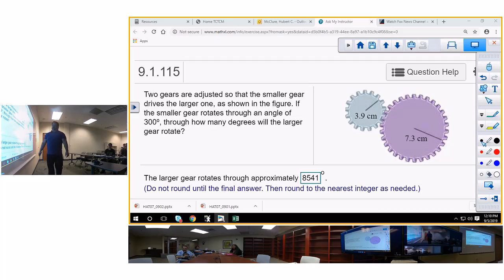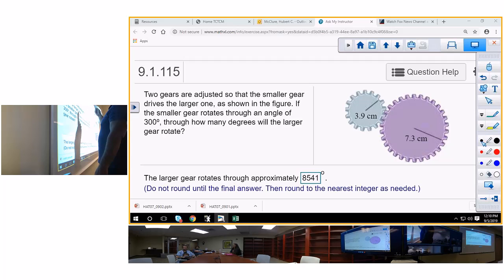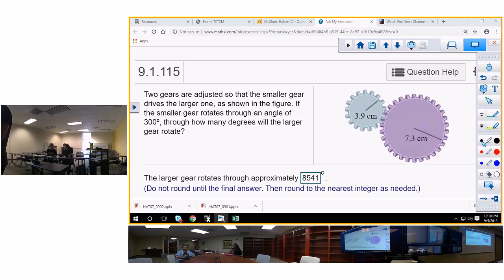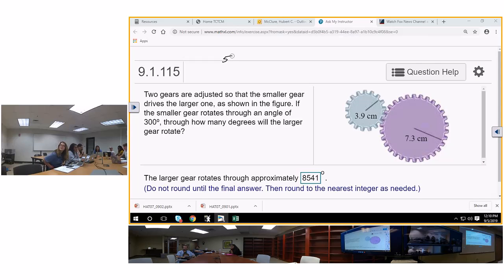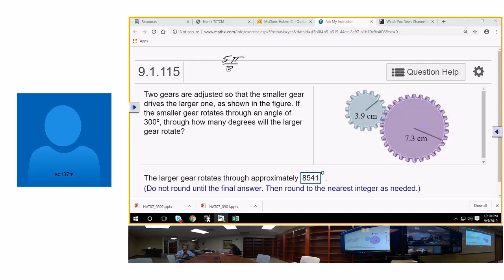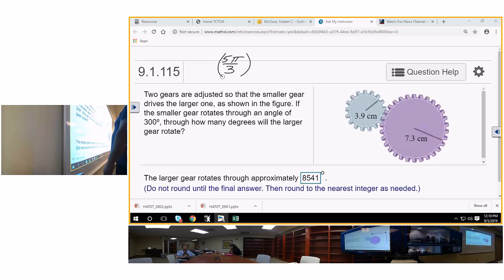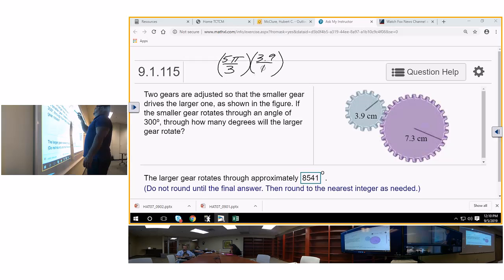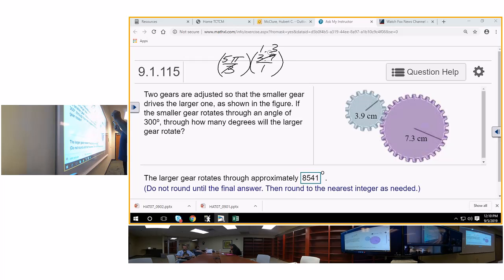Okay, so here we go. 300 degrees. What is 300 degrees? What's the pi? 5 pi over what? 3. Multiply that by 3.9 over 1. That goes to 1.3. 5 times 1.3 is 6.5.